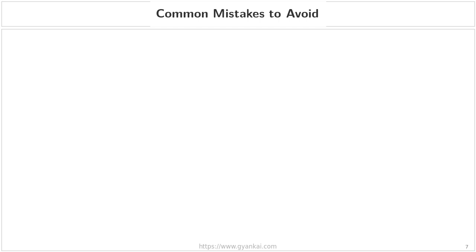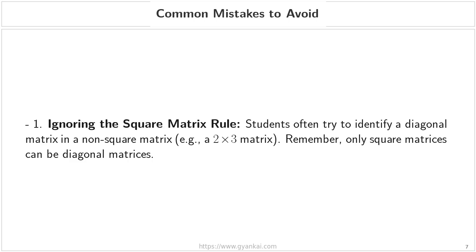Common mistakes to avoid. Now that we have covered the definition and a practical example, let's wrap up by discussing some common mistakes to avoid so you don't lose marks on these types of problems. First, be careful not to ignore the square matrix rule. A very frequent error is attempting to identify a diagonal matrix within a non-square matrix, for instance, a 2x3 matrix.